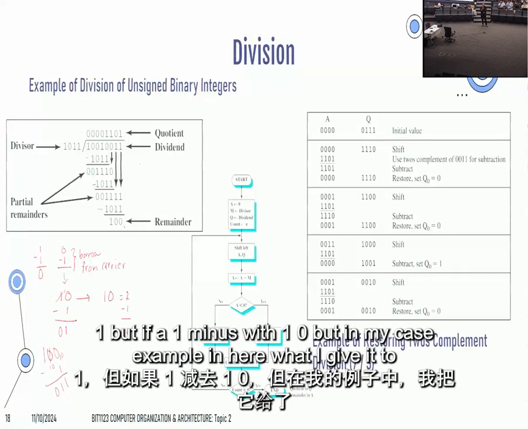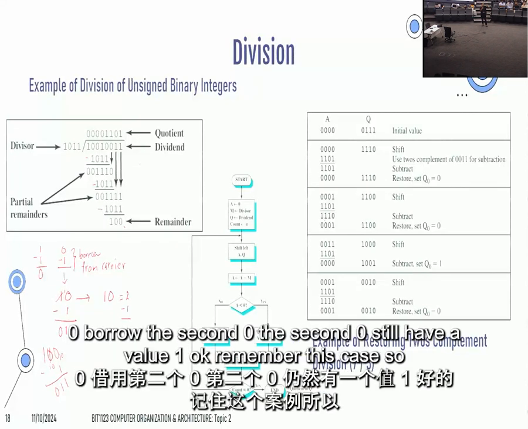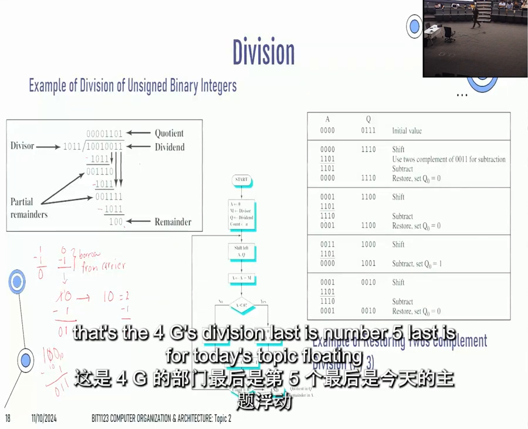But if 1 minus 1, 0. But in my example here, I have 1, 0, 0 minus 1. So I have a 2, 0 here. This first 0 borrows from the second 0. This second 0 still has a value 1. Okay, remember this case. So that's the 4 G's division.